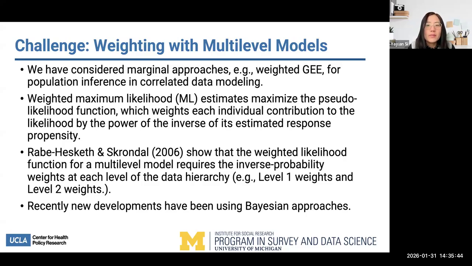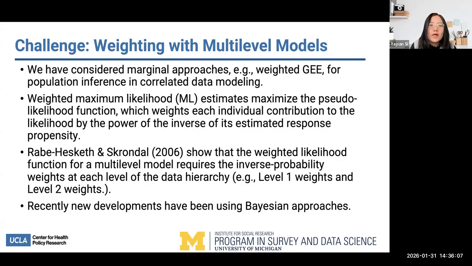So we have repeated measures of the same individual over time. We account for that correlation using GEE. These marginal approaches with weights are fine if you are appropriately accounting for the sampling error in the variance estimation.